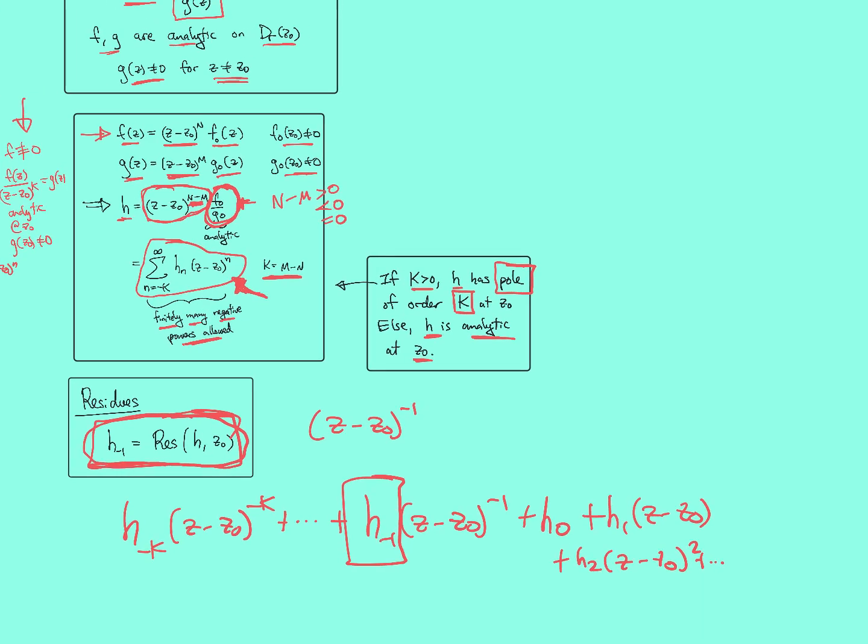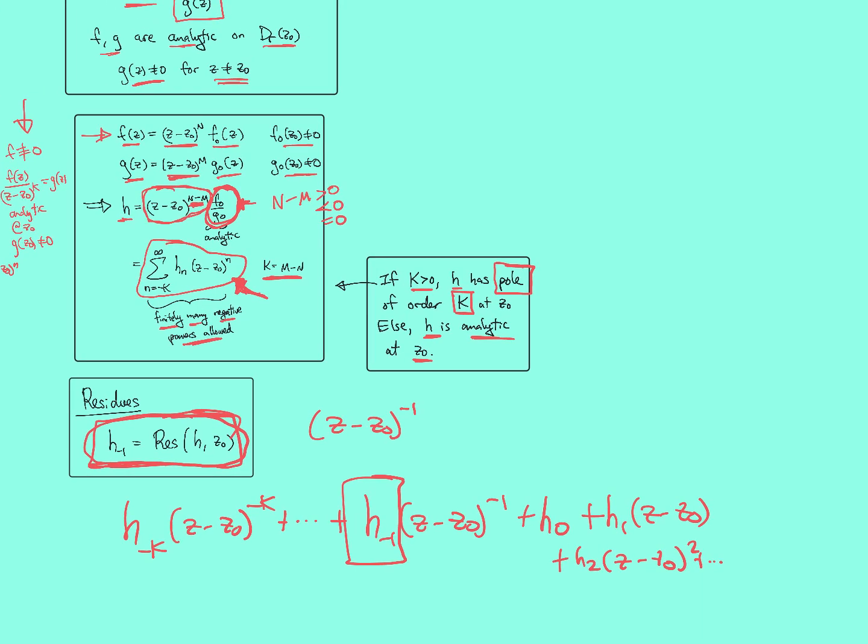Okay, so to summarize most of what we've done so far, we've defined analytic functions, and these are functions that locally have power series representations. We have holomorphic functions, which have complex derivatives.